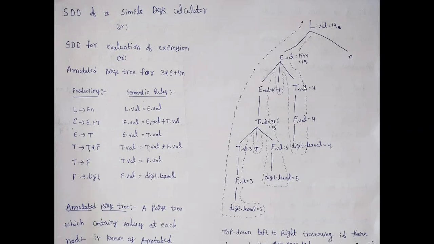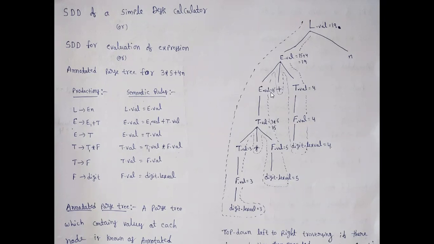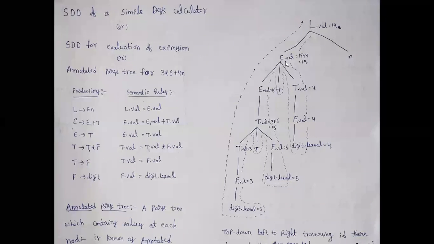So here one more reduction: E plus T. So what is the E.value? 15. And what is the T.value? 4. So we use addition: 15 plus 4, 19. So we are reducing this one. We have a reduction. Then we take one semantic action. So it came like this. From here, E.value is assigned to L.value.